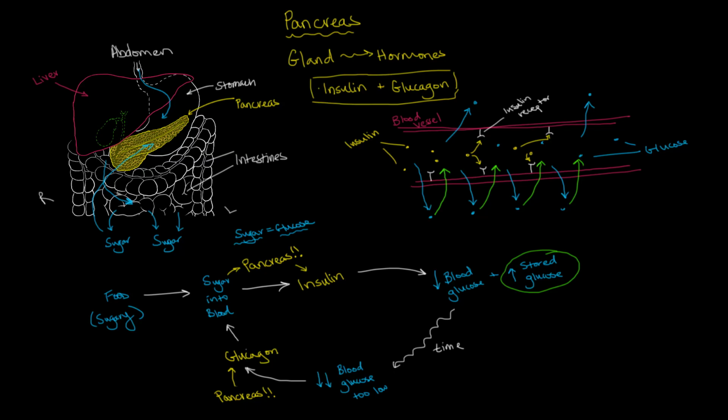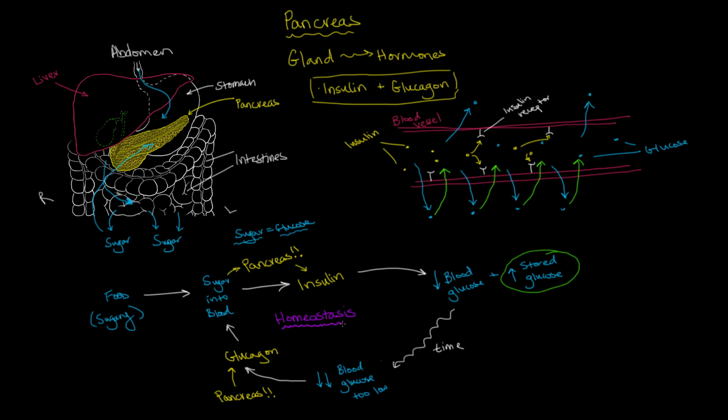And if there's too much glucagon, your pancreas will notice that there's too much blood sugar, and it'll release more insulin. This comes back to the topic that we talked about in the introduction to endocrinology video, which is homeostasis.